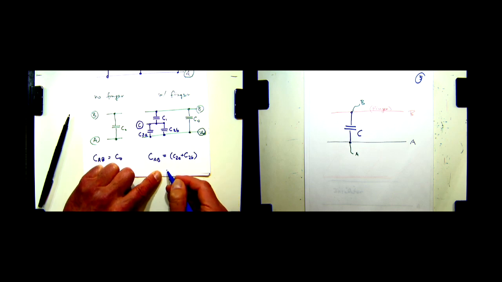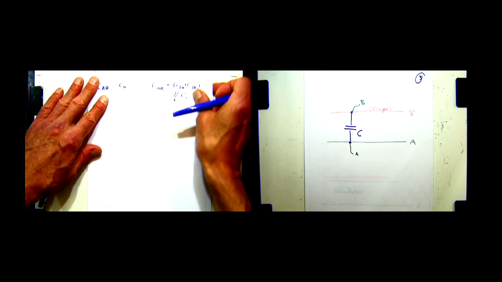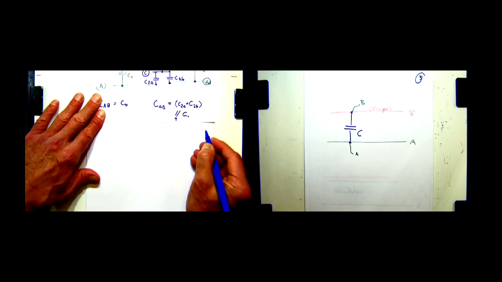They are in series with C1. So again, they are in series, but we use the parallel symbol. So now you know you have to multiply. Why don't we do that quickly, just to remind us how this works.